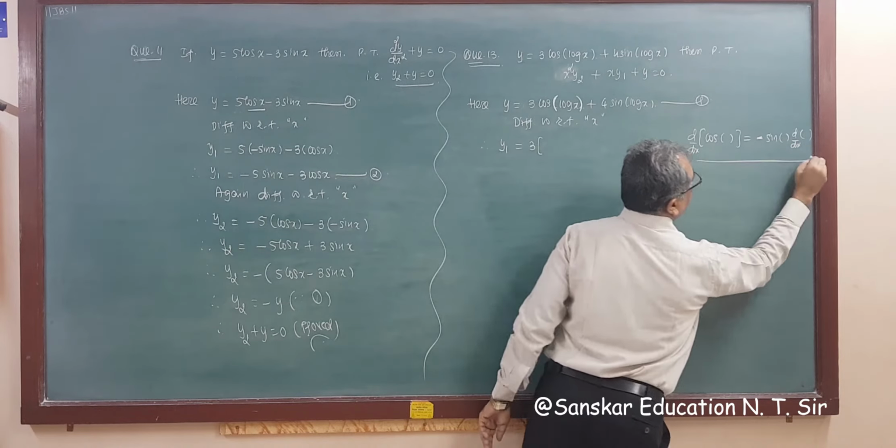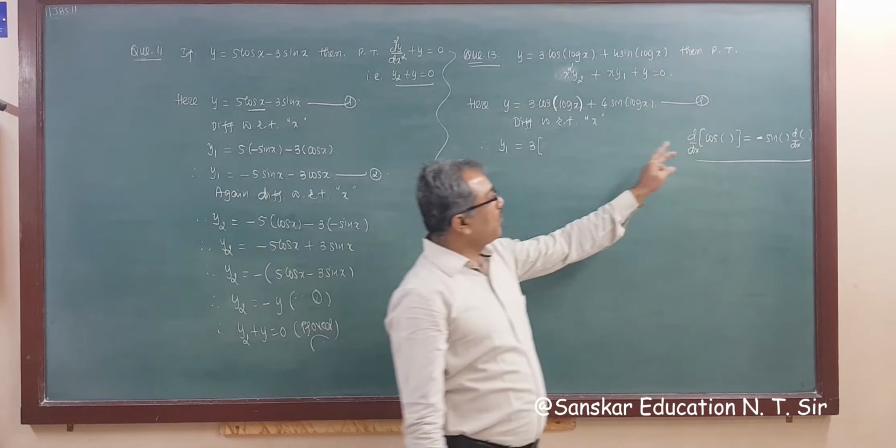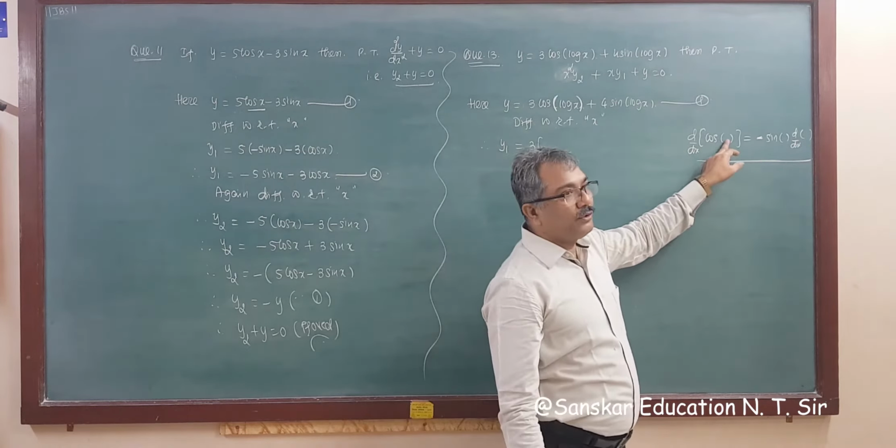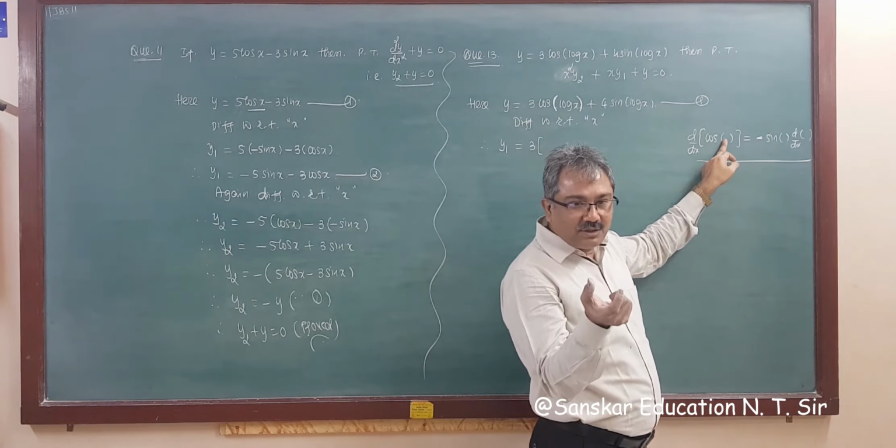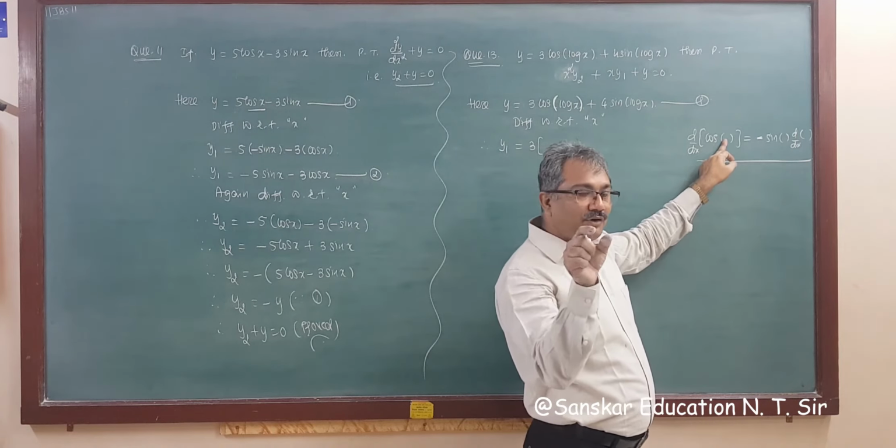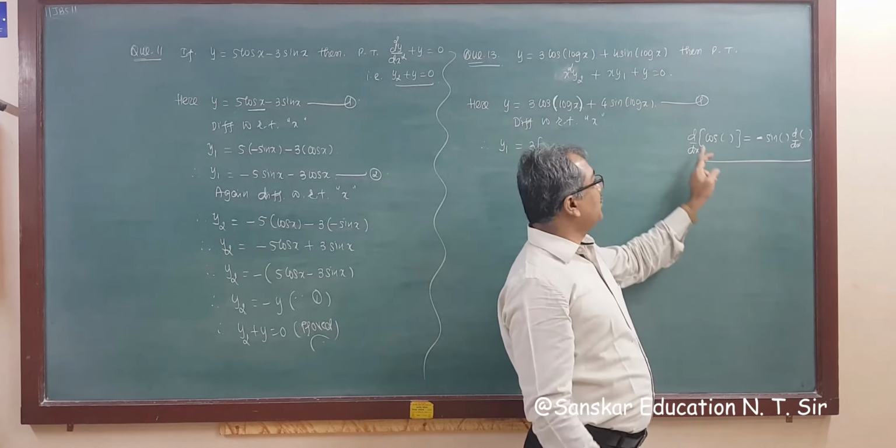Because this x is not x here, this is log x, this is not a standard formula. If there is no standard formula, then derivative of cos bracket is minus sin bracket, and if there is a bracket, you have to differentiate that bracket again. So d dx of bracket.